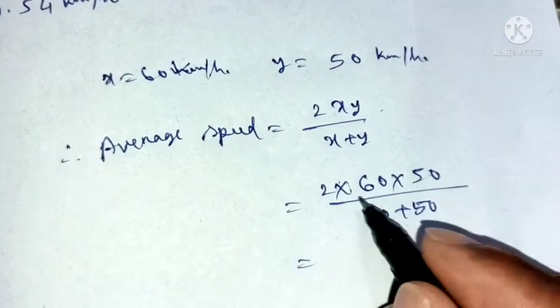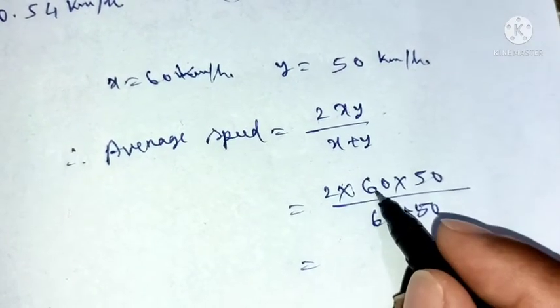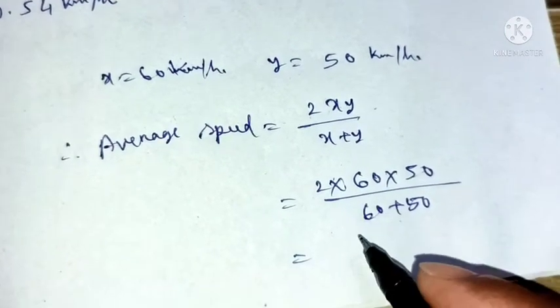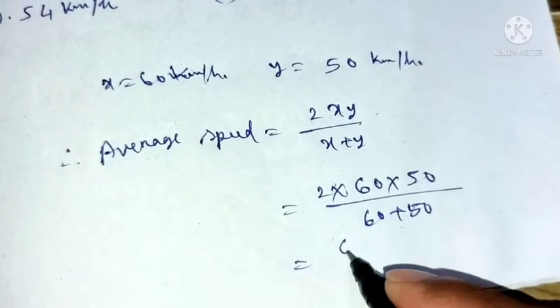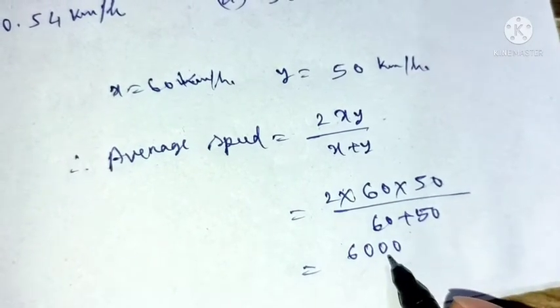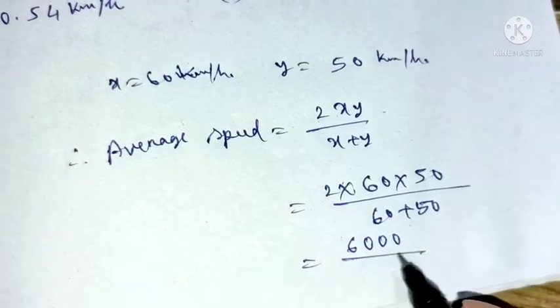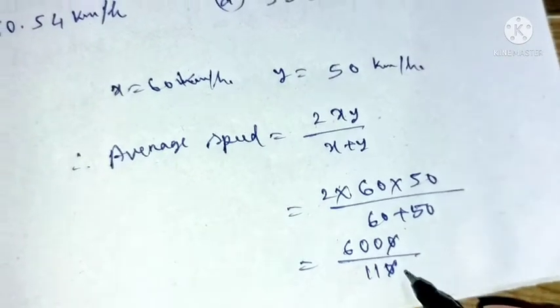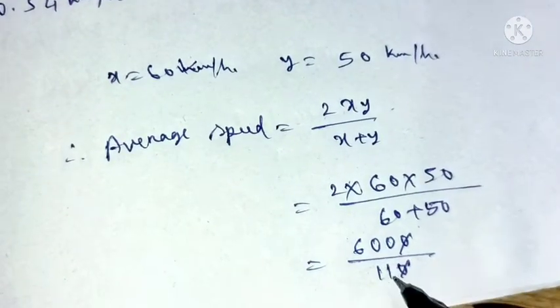This is your multiplication, 30 then 2. How much? 600 divided by 110. Got it? Now you have to divide this 600 by 11.